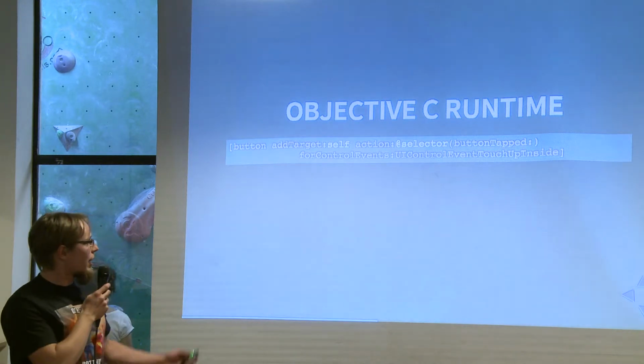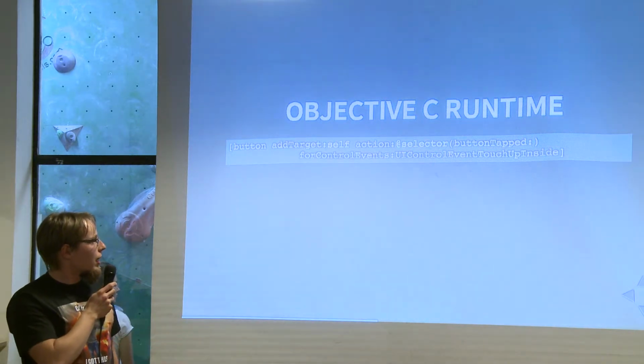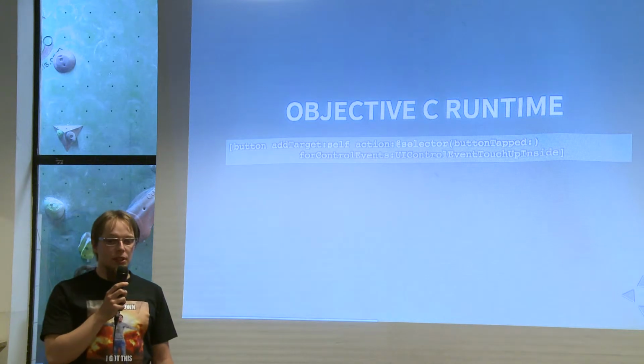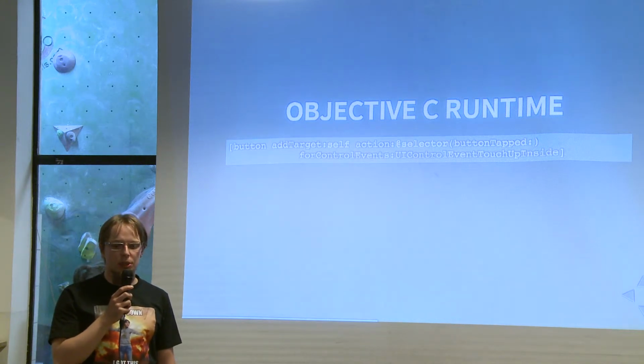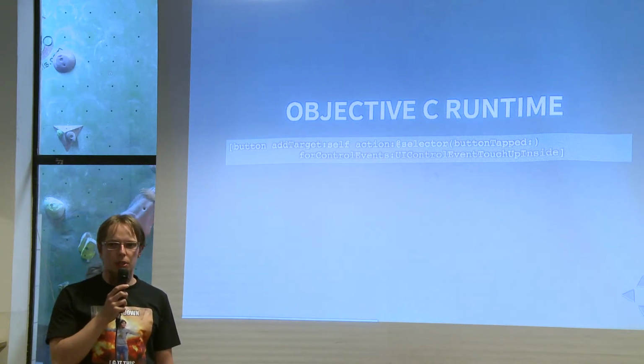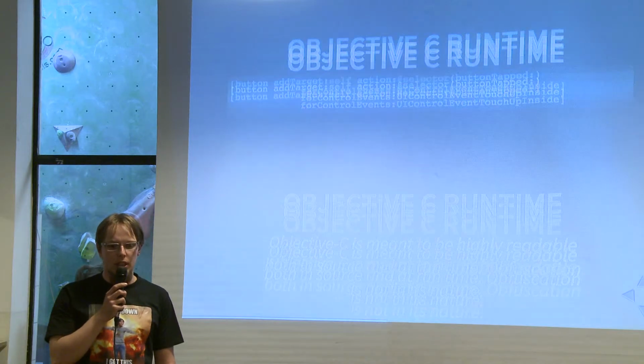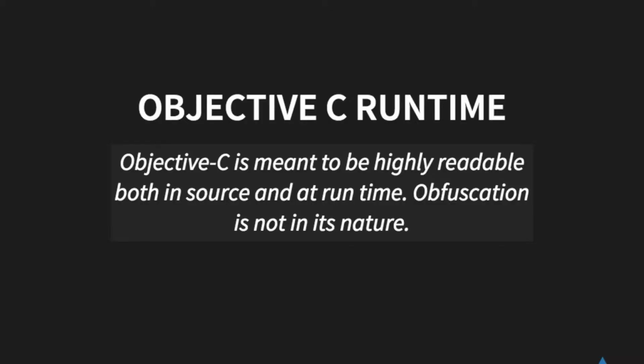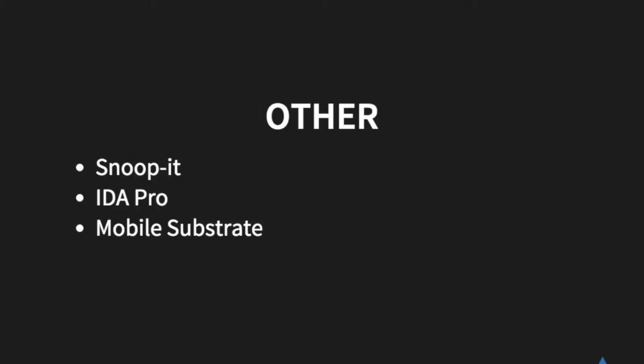When you use an @selector expression, in the runtime, the system needs to know where to find a part of the code to run after this action is fired. So this is a runtime feature, so it's highly readable even for a human, and we cannot do much about it.